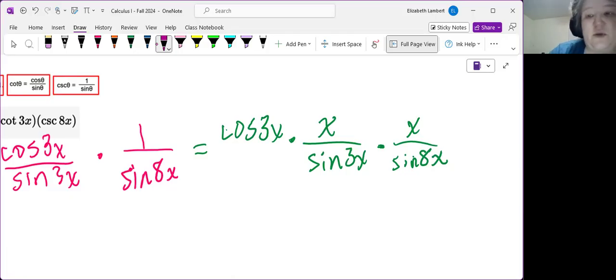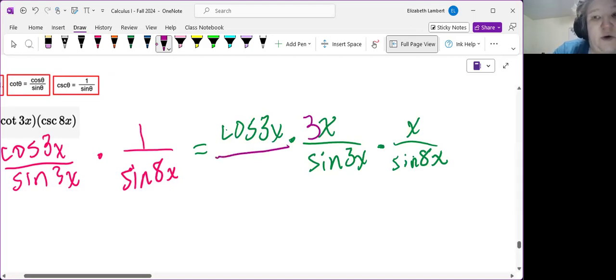So this sine of 3x, this needs to be a 3. If I want to put that 3 up there, I have to balance it. So I'm going to give the cosine a fraction bar, and I'm going to put a 3 down here. Then we also have over here the sine 8x. I need that to be an 8. So over here, I need to balance that. 8 on top, 8 on the bottom. 3 on top, 3 on the bottom.